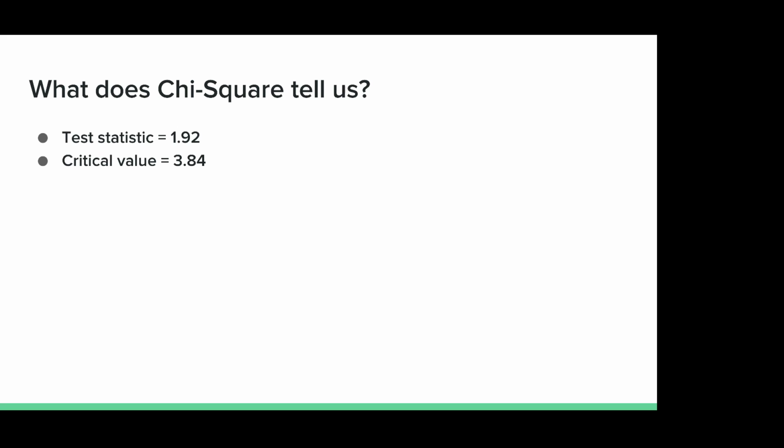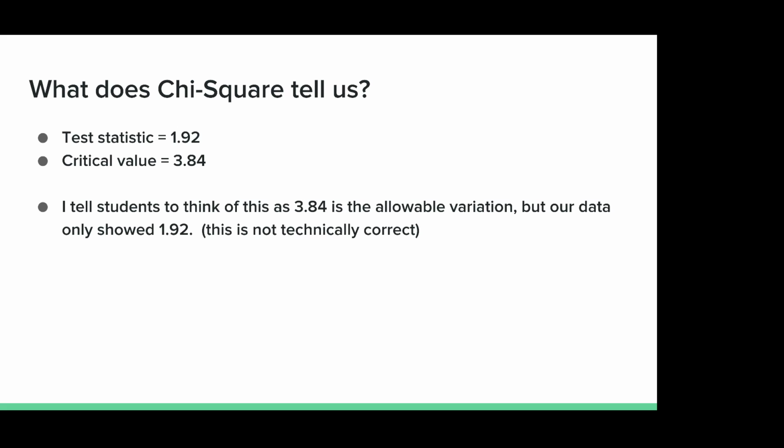What does it tell us? I'm somewhat hesitant to even discuss this, but it works, so I'm going to go with it. I tell students to think of this 3.84 as the allowable variation. For a p-value of 0.05, you can have up to 3.84 units of variation.